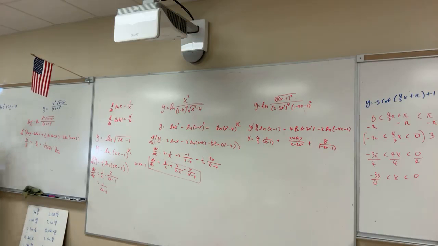But that's not what we're evaluating for. I'm evaluating for y prime. So what can I do? Multiply both sides by y, so you're going to get y prime. But what is y?